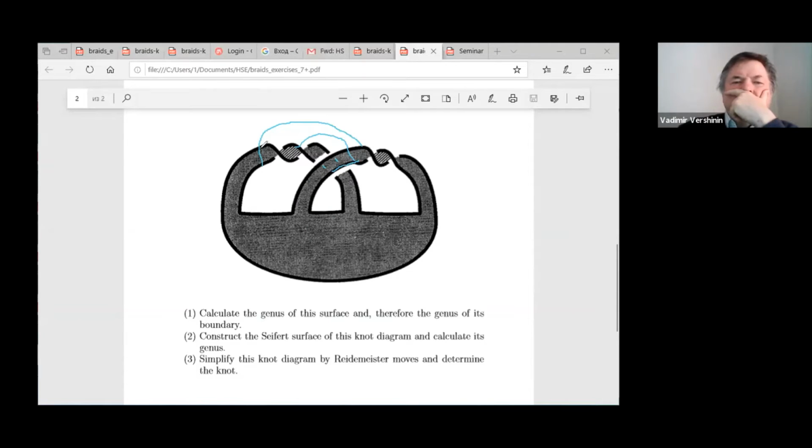This is okay, but there is still a crossing here. This does not exist, this does not exist, this does not exist. Aha. But no, we shall do something here.